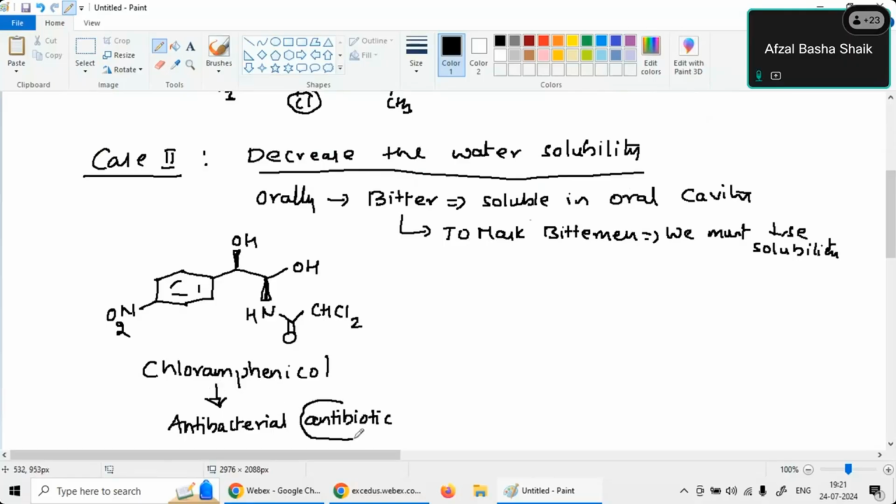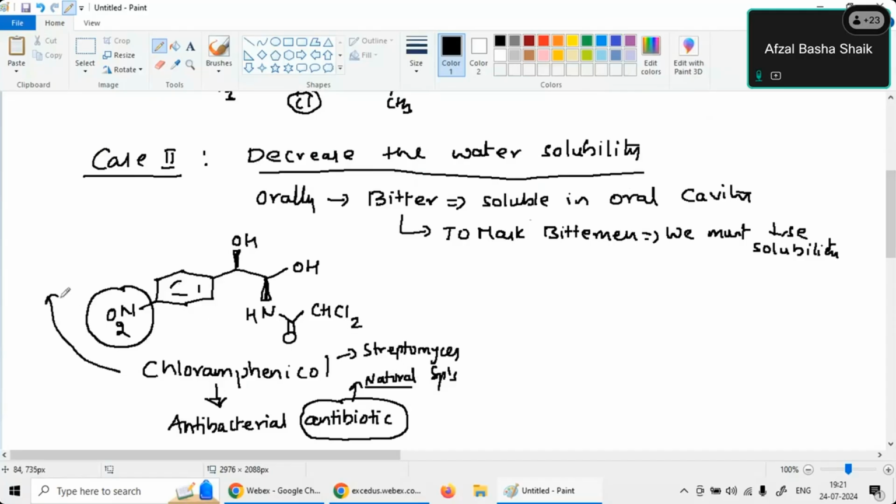Antibiotic means it is natural or synthetic, generally? Synthetic, sir. Antibiotic is generally a natural compound. Okay? It is obtained from some Streptomyces species. One of the significances of chloramphenicol is that there are very few compounds which contain a nitro group in their structure and are of natural origin.